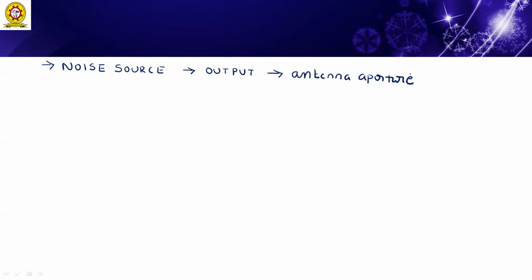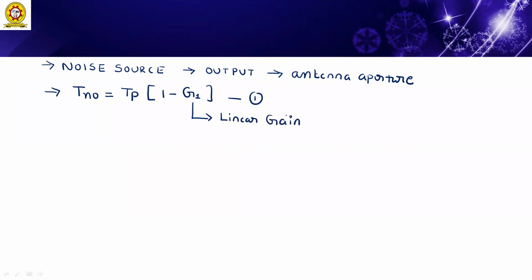For such circuitry, we simply say the noise Tn0 equals TP times (1 minus 1/G1), the physical noise involved with the gain of the particular device. Clear? What is G1 here? That is called the linear gain of the attenuating device or medium.